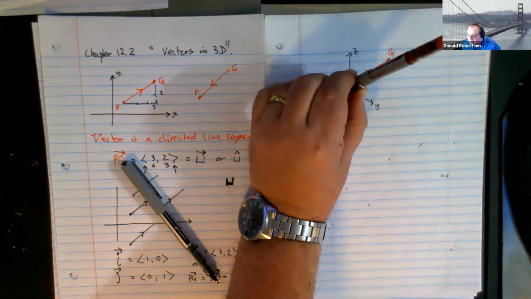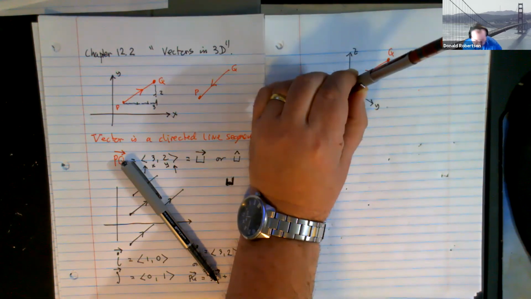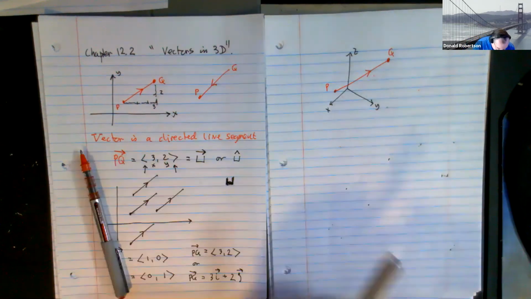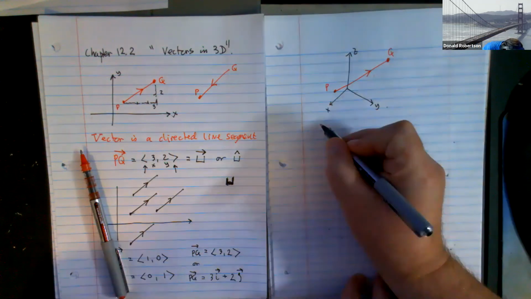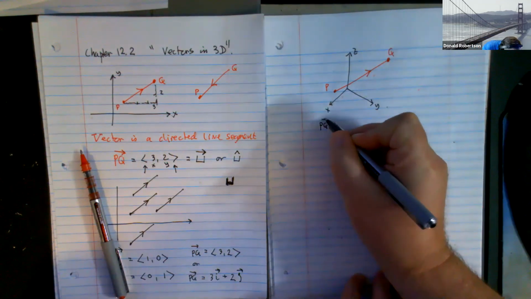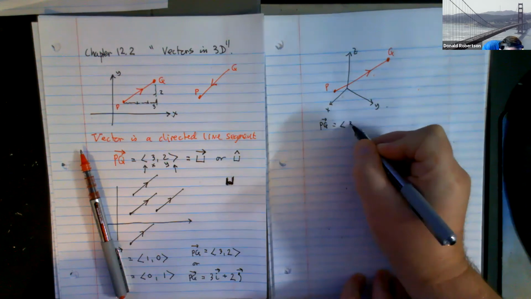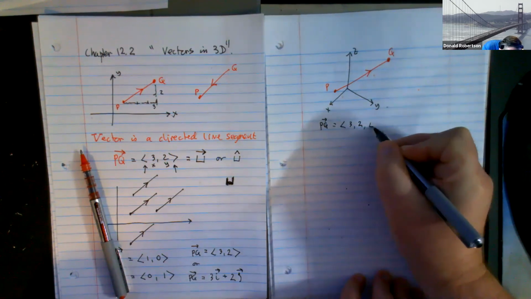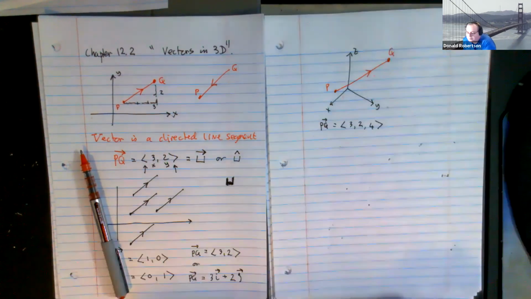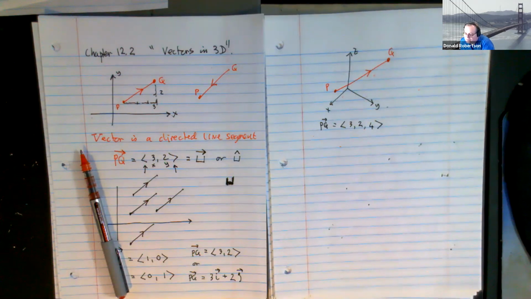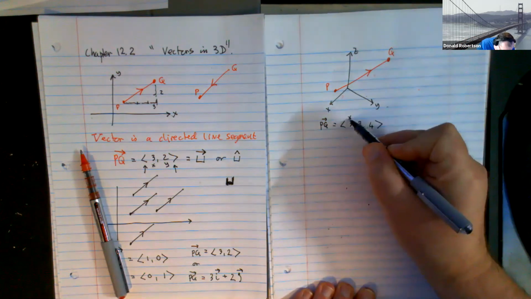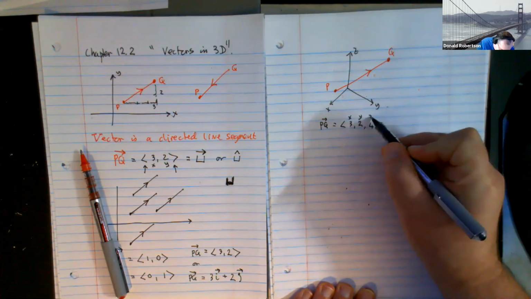It's definitely going in 3 dimensions. And let's suppose I tell you what it looks like by telling you it's ⟨3, 2, 4⟩. That's how you would write down a vector in 3 dimensions. It's x component, y component, and z component.